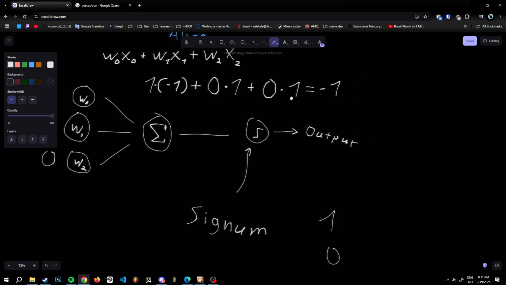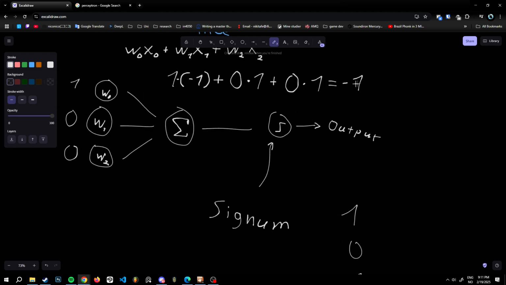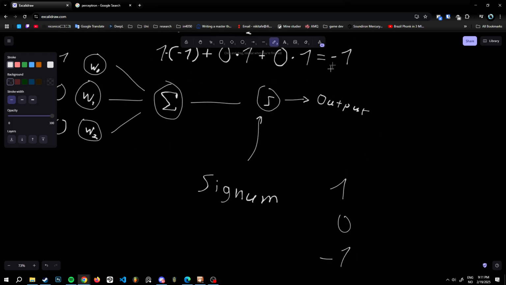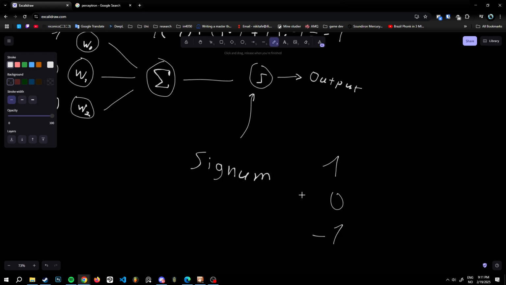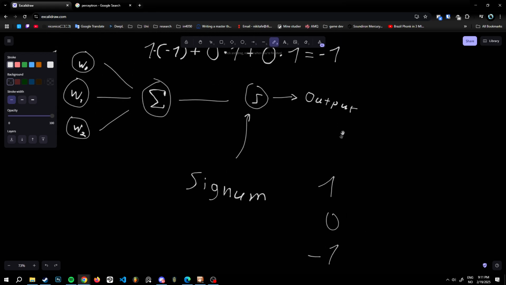Let's say that right now we're very lucky that what we have calculated is -1. So it's pretty close to the output. The signum function kind of almost doesn't really do anything, right? You just output -1 because we already got a -1.